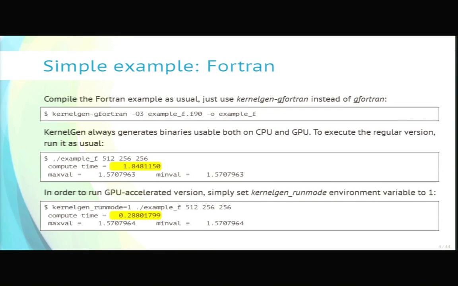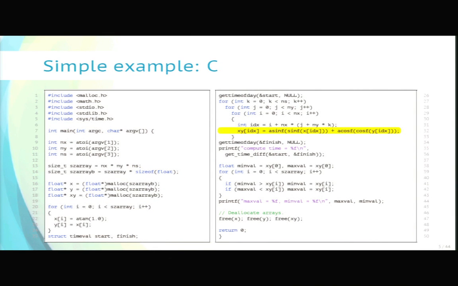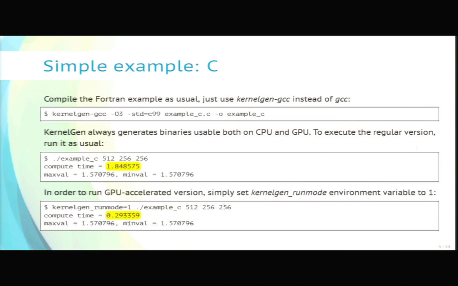In case of KernelGen, you just need to use KernelGen GFortran, and you will also get a binary, but that will be a hybrid binary. Hybrid binary in that sense that if you run it normally, you will have it running on CPU. And if you add an environment variable, you will have it running on GPU. Note the large performance difference. Same example for C, same commands to compile and execute, same benefit in performance.